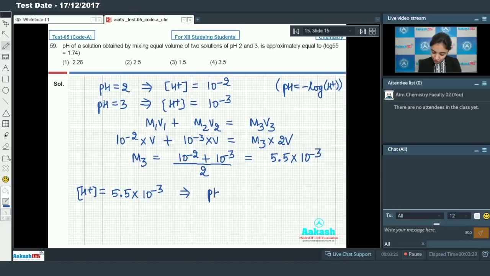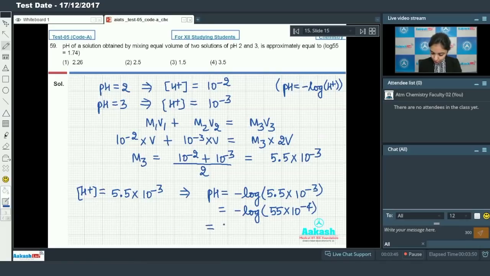Now you can easily calculate the pH. The pH will be equal to minus log of 5.5 into 10 raised to the power minus 3. You can write it like this, minus log of 55 into 10 raised to the power minus 4.